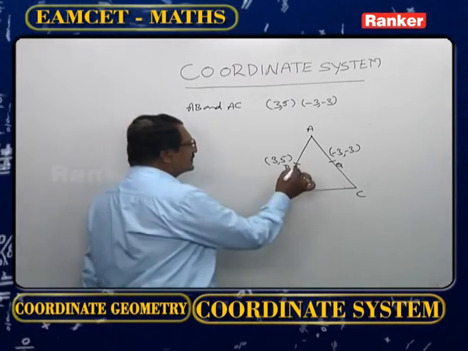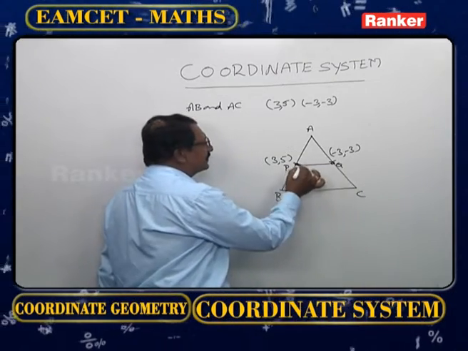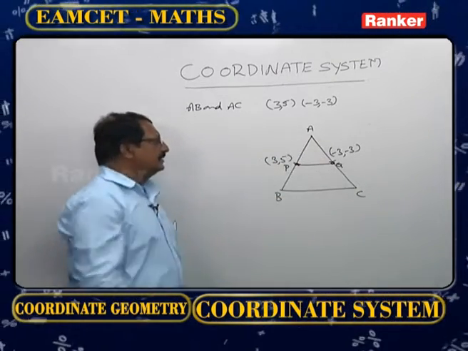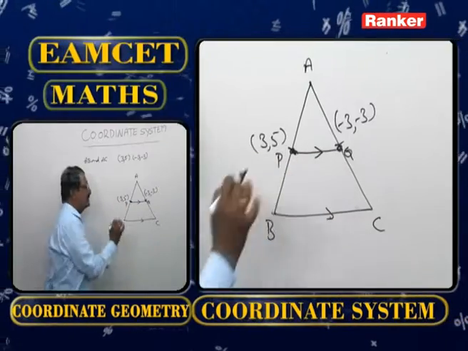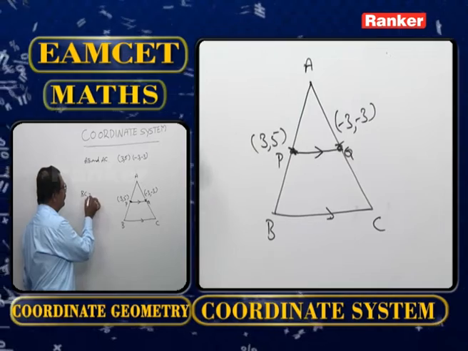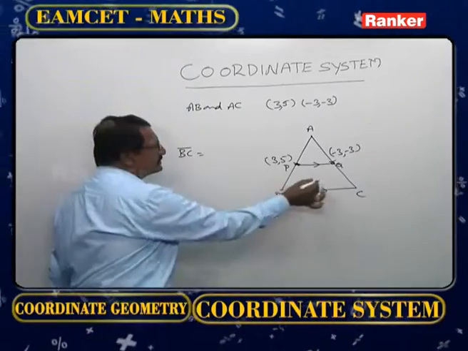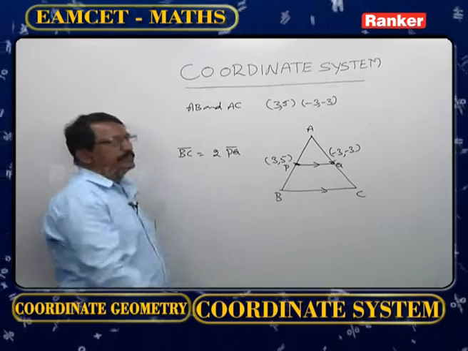Now the line segment joining the midpoints of two sides of a triangle is parallel to the third side and half of the third side. Then the length of the side BC equals 2 times PQ.